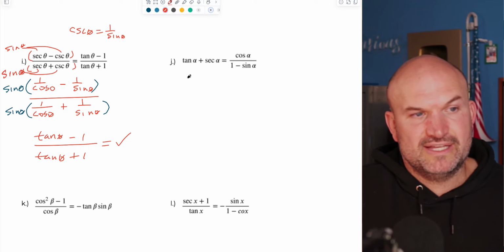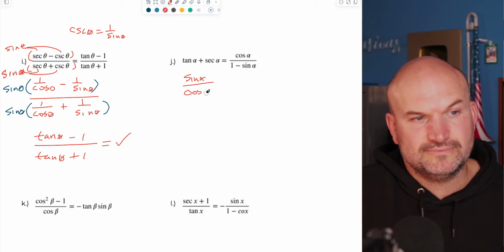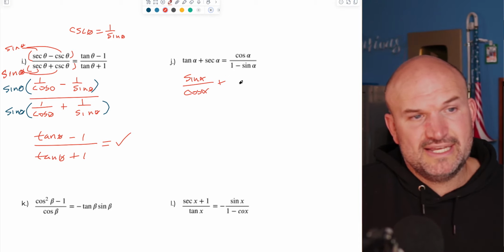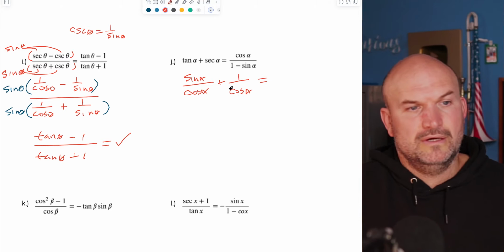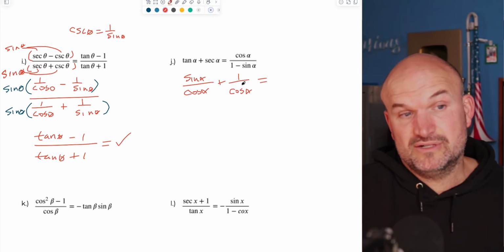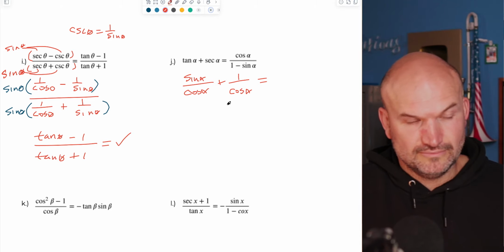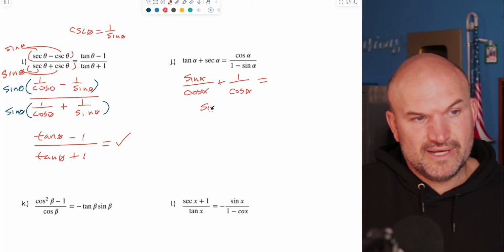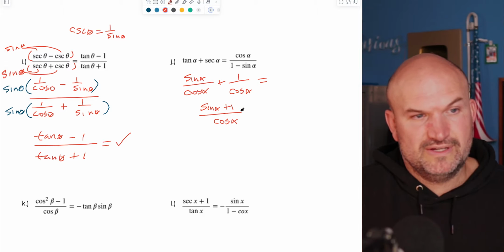So if I have tangent of alpha, that's going to be a sine of alpha over a cosine of alpha plus a secant, which would be a 1 over a cosine of alpha. All right, that already has common denominators, so that's good. So therefore I can do a sine of alpha plus 1 over a cosine of alpha.